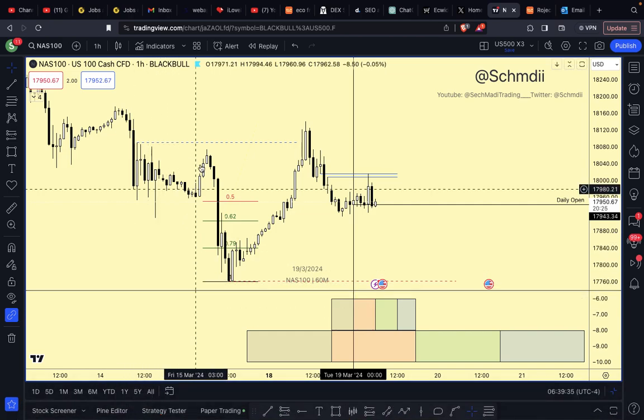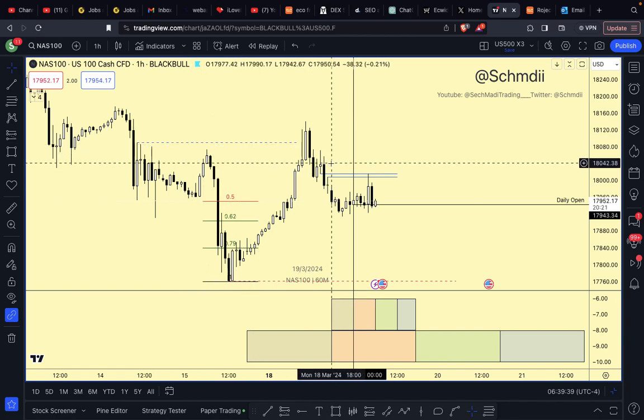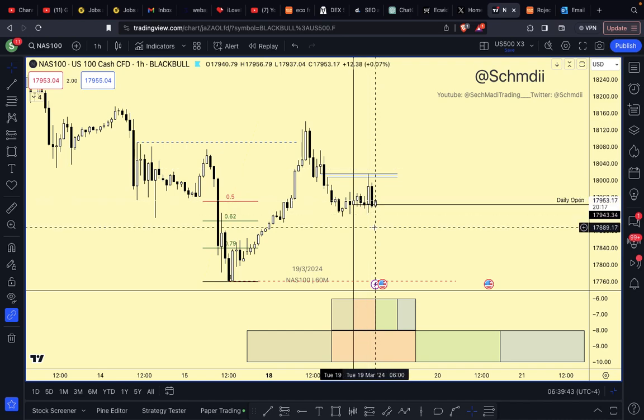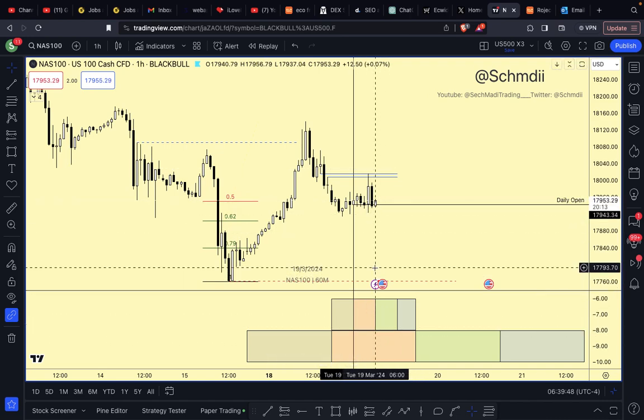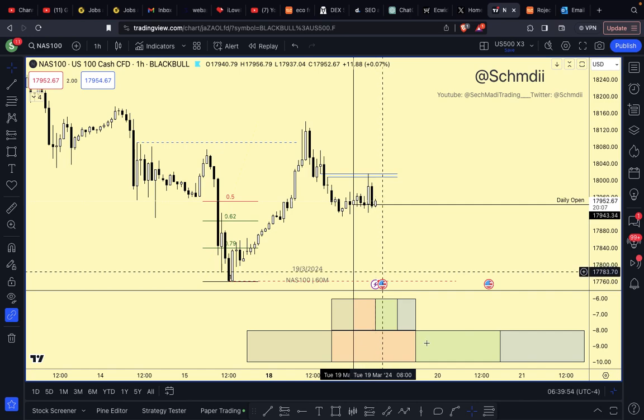We can see price pushed above that pool of buy side liquidity there, proceeded down, accumulated some more, and then we're just waiting for the 6 to 12 o'clock. No, apologies, it already started.